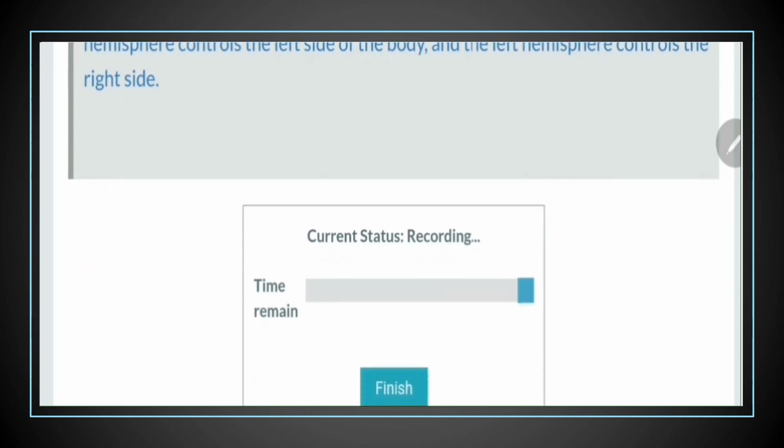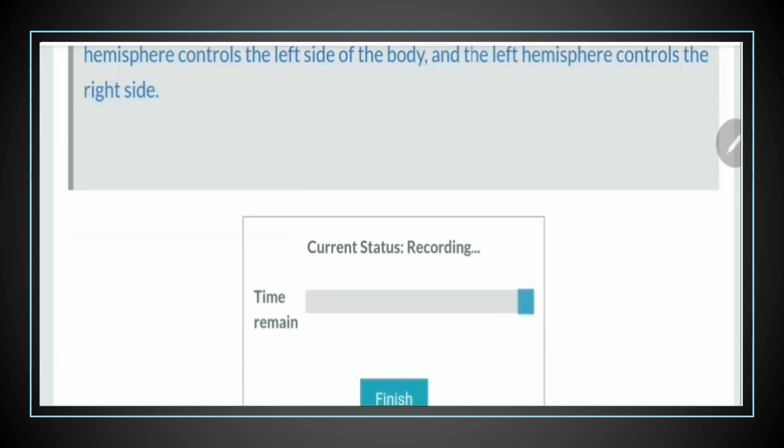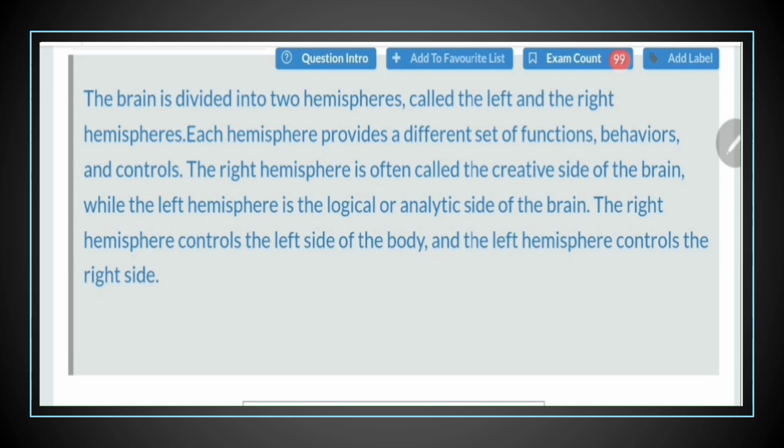As soon as you finish your read aloud, you just need to click on next. And make sure you go with the flow. If you make any mistake in between, please do not hesitate, do not think about it, let it go and keep reading, because we are all human beings and we make mistakes.